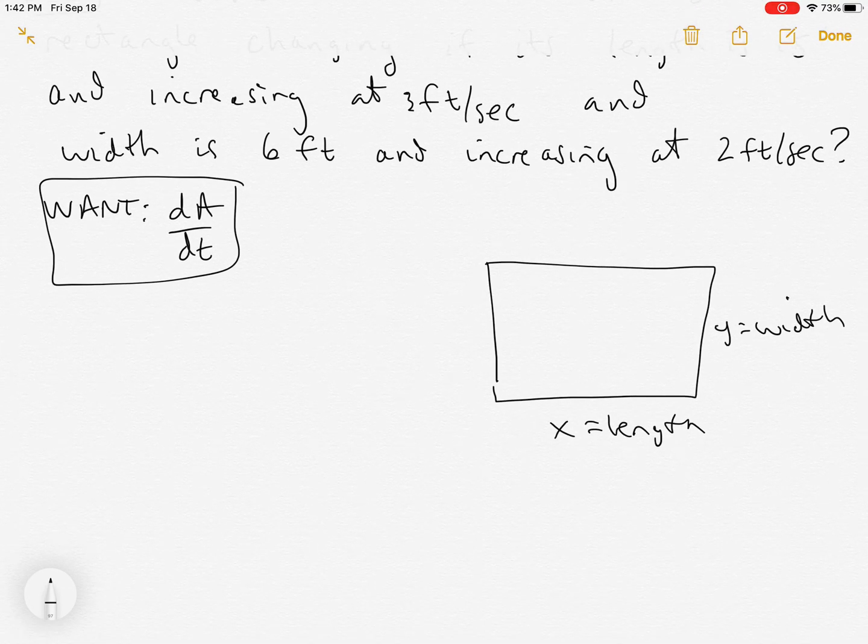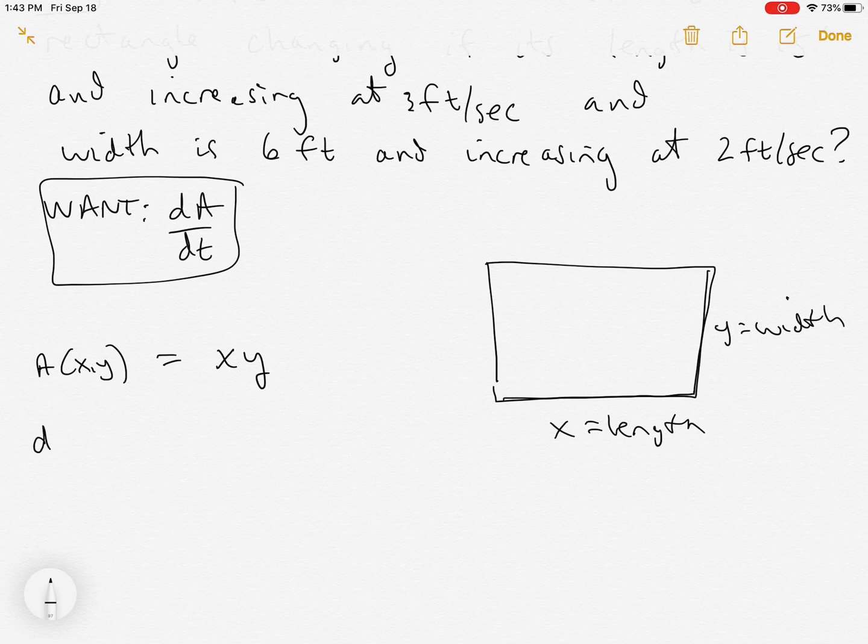Okay, so what's the equation? Area, which is a function of x and y, equals x times y, given this length and this width. And x and y are functions of t.